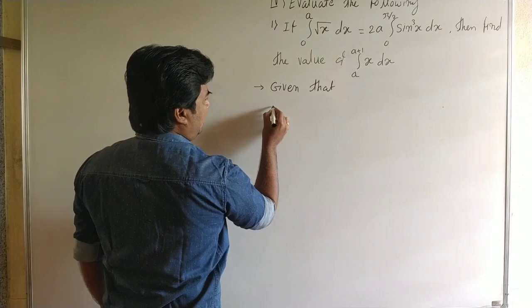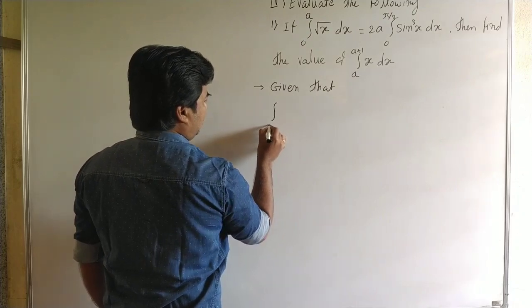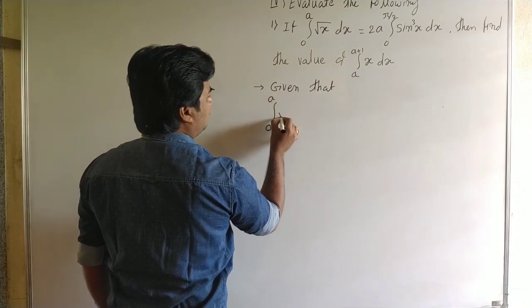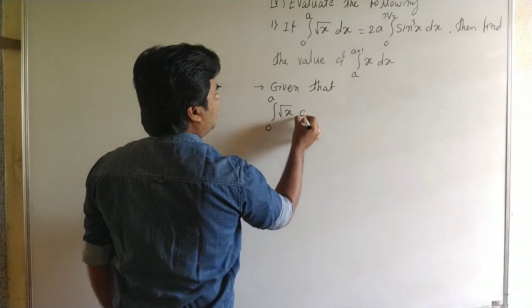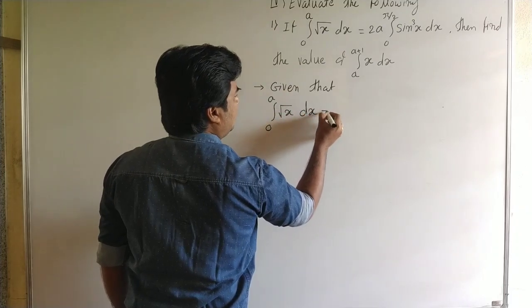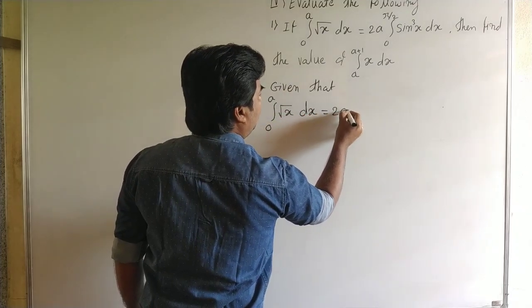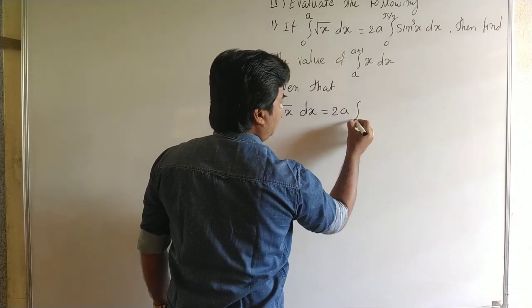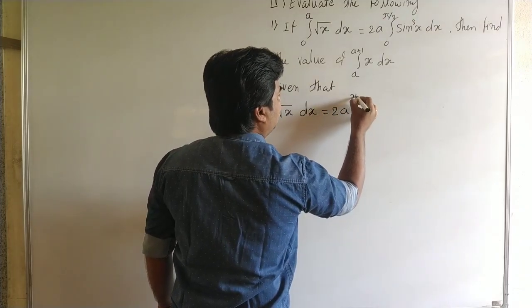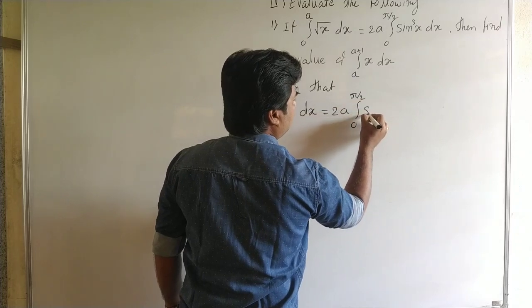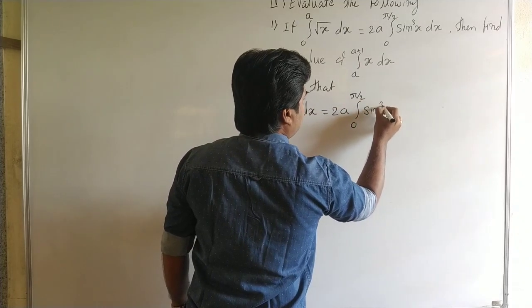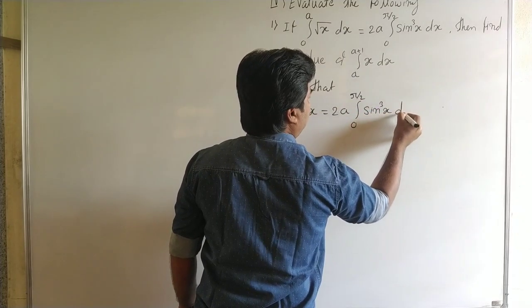Here it is given that integral 0 to a under root x dx is equal to 2a into integral of 0 to pi by 2 sine cube x dx.